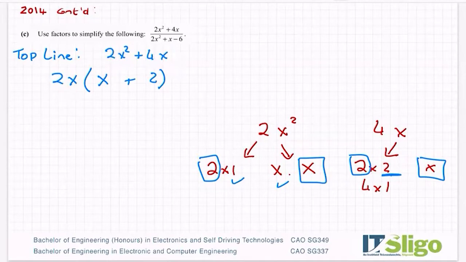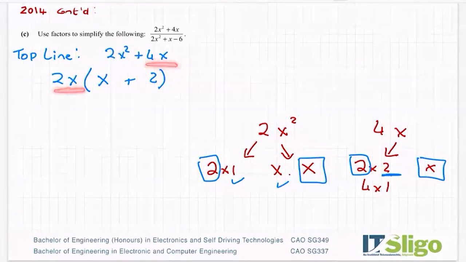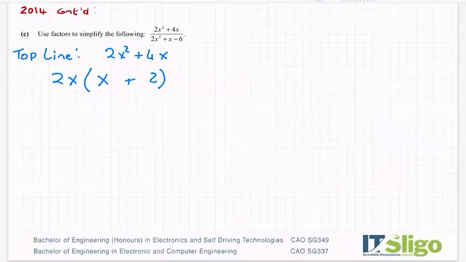And then what's left over? If I have 2x out here, I need another x to bring it up to x squared. And then you're looking here, I have 2x outside. I need to multiply it by 2 to bring it up to the 4. And you can start to do that in your head when you get comfortable at factorizing.